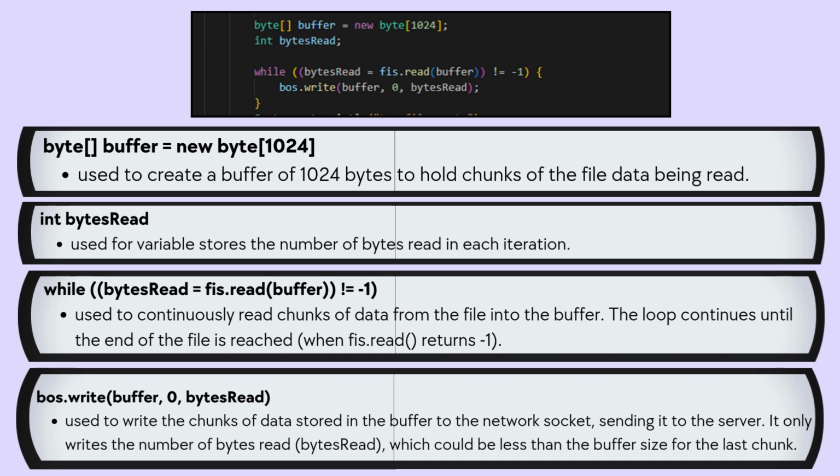The loop continues until the end of the file is reached, when fis.read returns -1. bos.write(buffer, 0, bytesRead) is used to write the chunk of data stored in the buffer to the network socket, sending it to the server. It only writes the number of bytes read, which could be less than the buffer size for the last chunk.